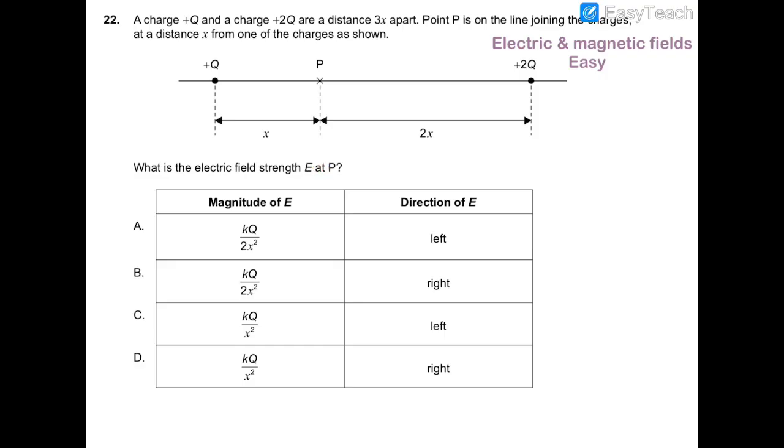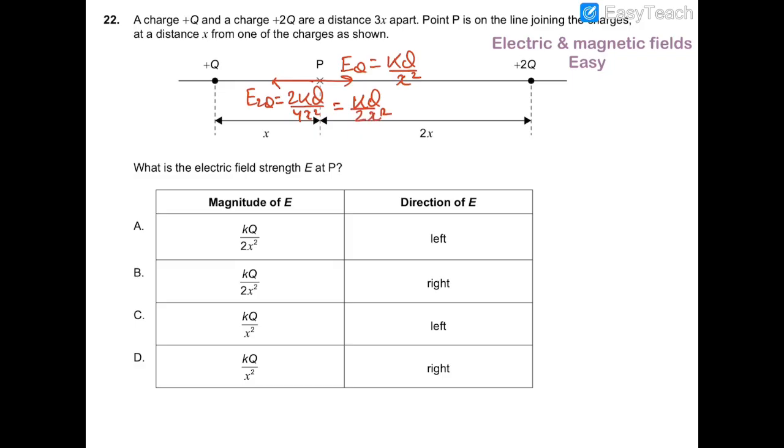So obviously we can say that the electric field due to q will be kq by x square, and the electric field due to 2q will be 2kq by 4x square. So it is kq by 2x square.